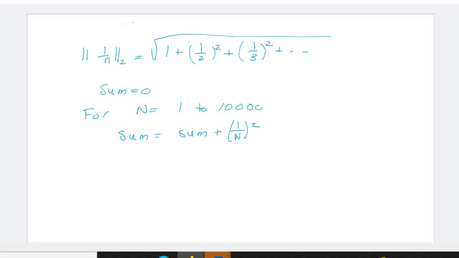Then you print, whatever; I'm using BASIC or whatever the language. You dump it out and it should give you what that magnitude is equal to.